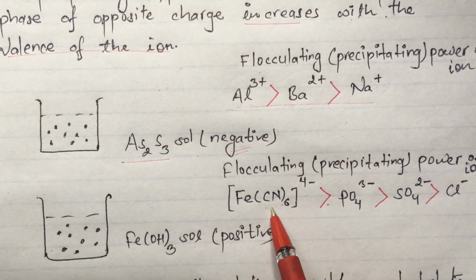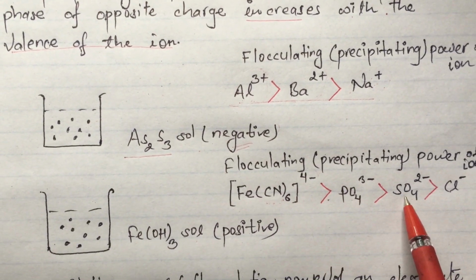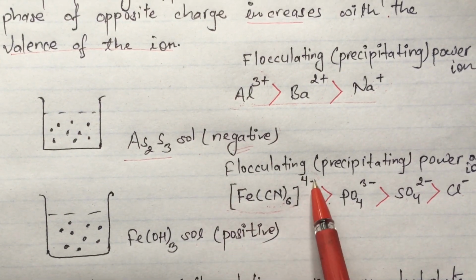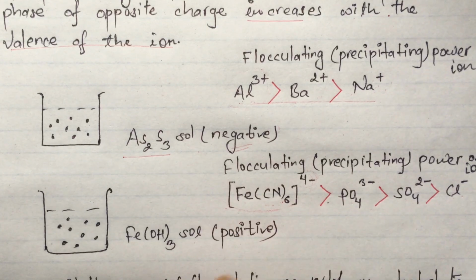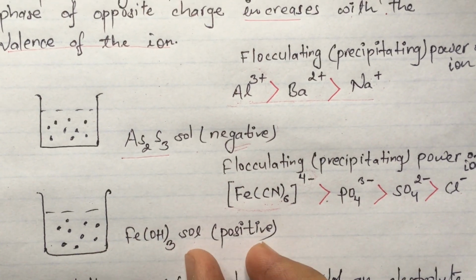Similarly, this ion carries more charge than this, and sulfate and chloride. So this ion, which has higher valence, can precipitate the ferric hydroxide sol, which is positive, more.